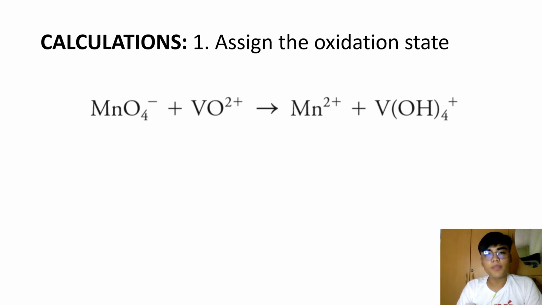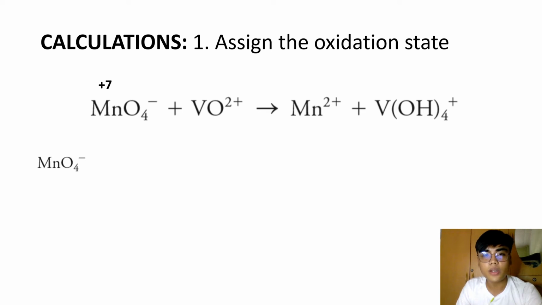So for the first step, we need to assign the oxidation state. So our goal is to balance this reaction. Let's talk about the fact that this is a redox reaction by assigning some oxidation state. And so we start over here with permanganate. And we know that oxygen has an oxidation state of -2.